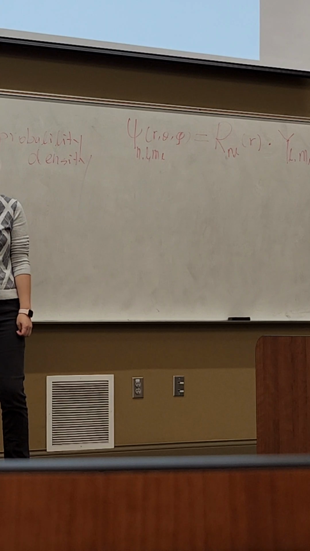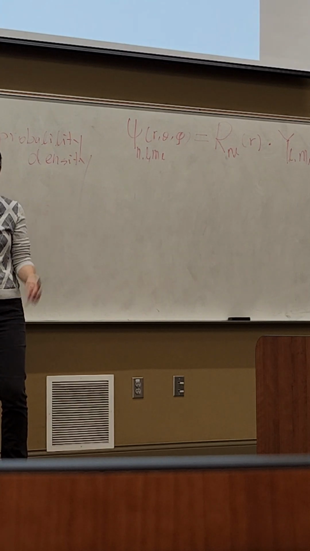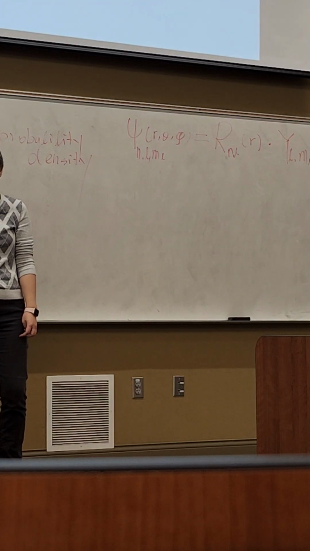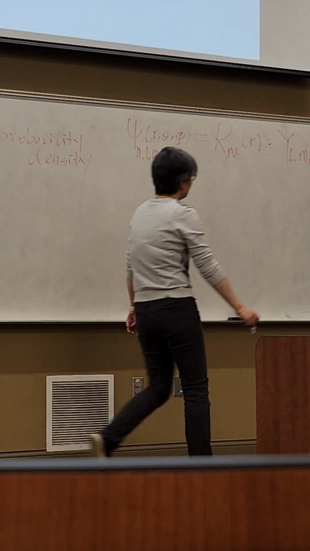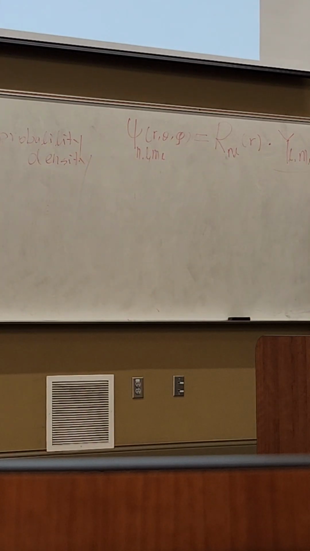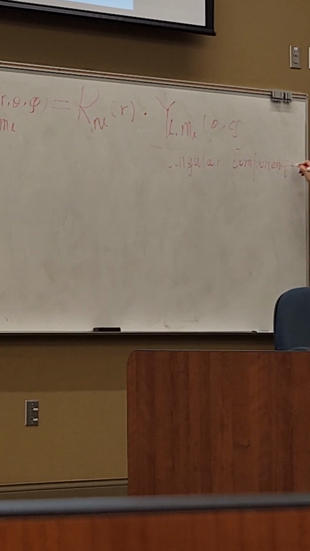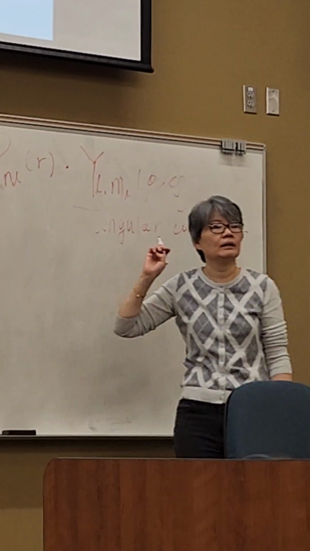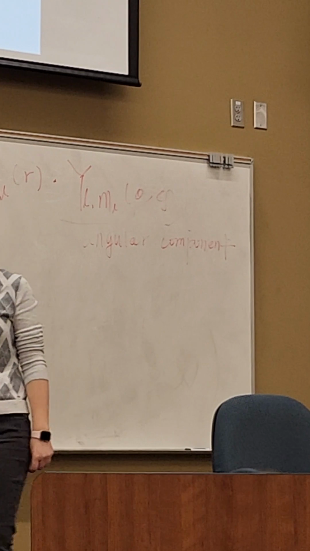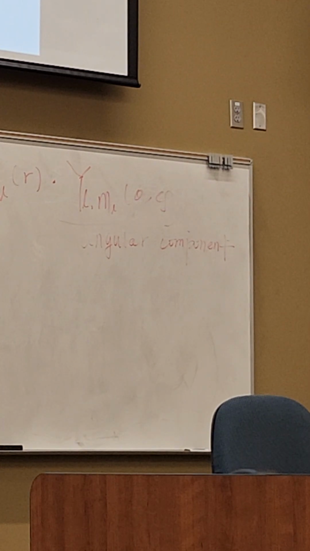One component only depends on the radius r, the other depends on theta and phi. What do we call this one here? We call this the angular component of the wave function. That's a direct solution for the particle on a sphere, but that is the angular component for the electron in the hydrogen atom.